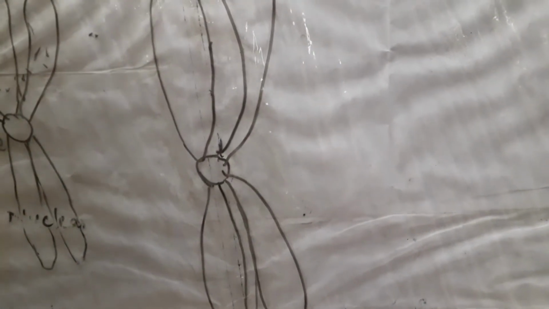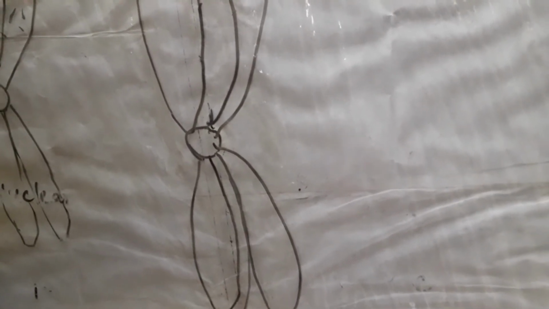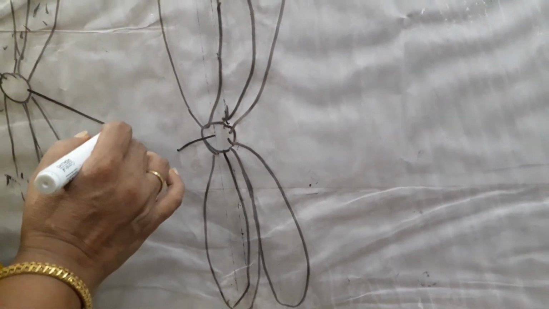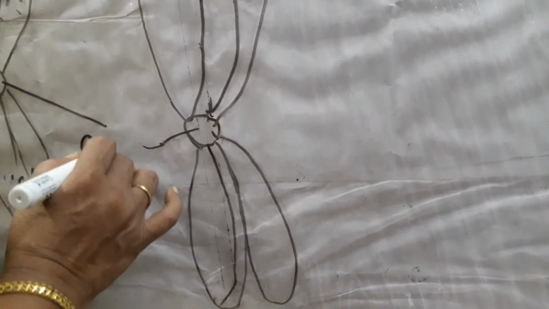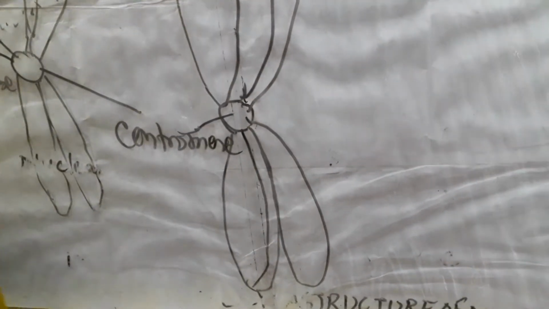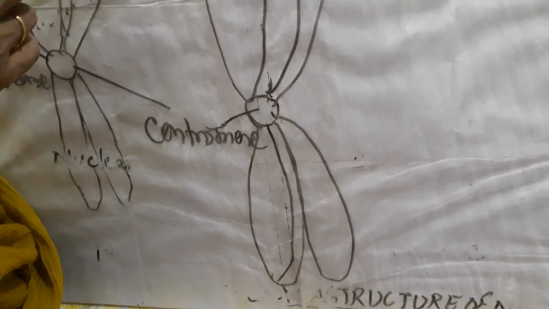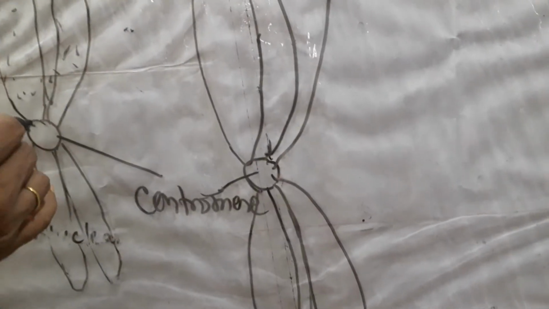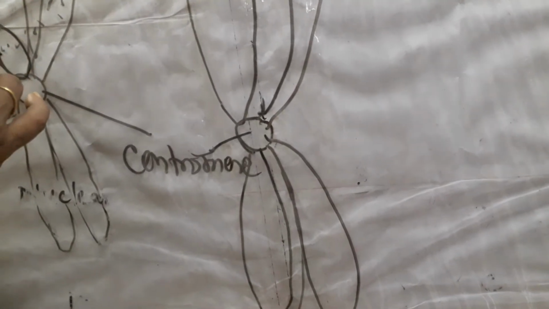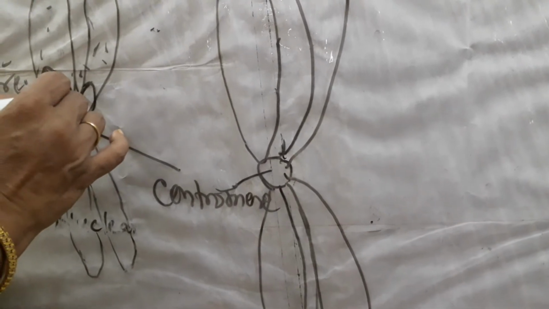On the sides of the centromere are disc-shaped structures called kinetochores.